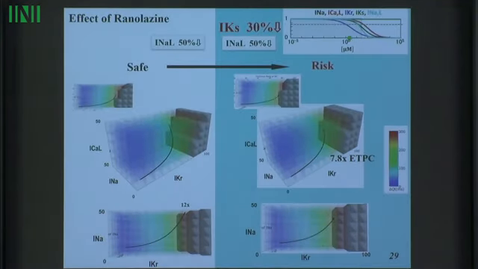But in the case of ranolazine, a 30% reduction of the IKs current makes this safe drug a risk drug at fairly low concentration.